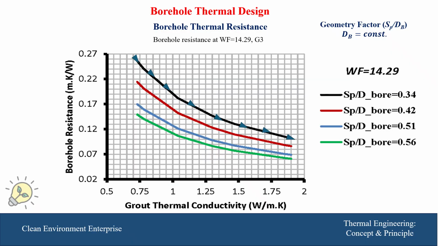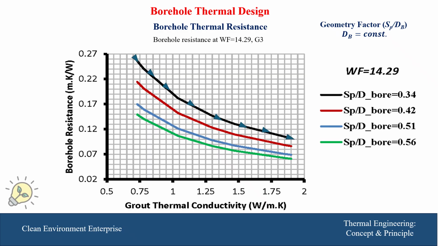For example, here we have geometry factor SP divided by d-bore equal to 0.34 up to 0.56, and these values of SP divided by d-bore, which represent the geometry factor, are obtained for a constant borehole diameter.